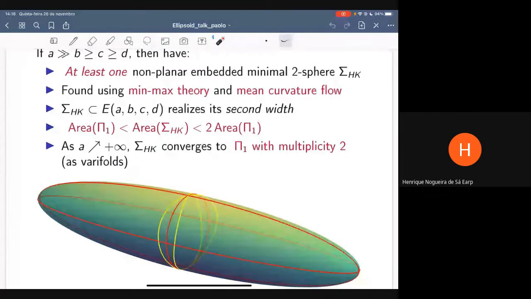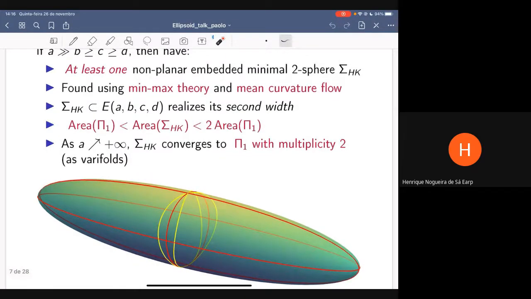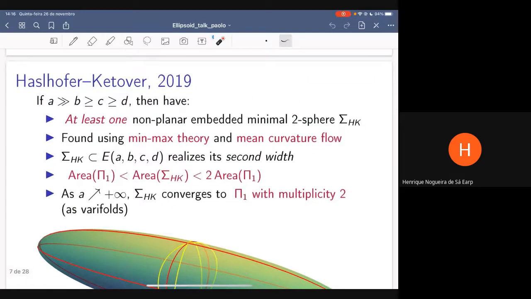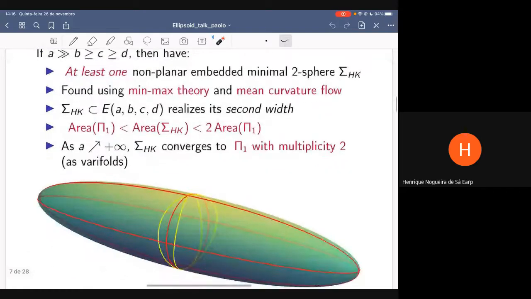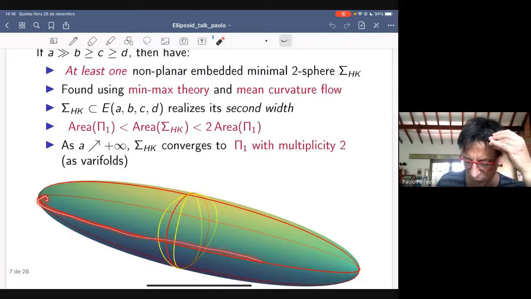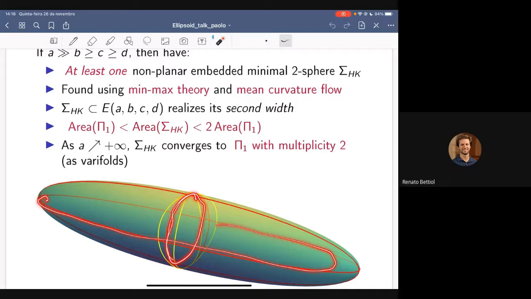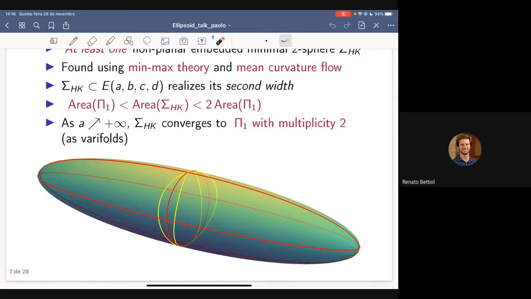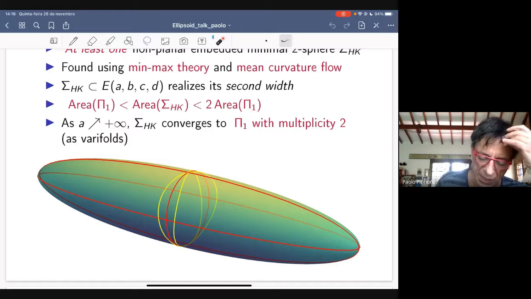Paolo, can I just, I think there may be a typo, because the extreme areas are here for the same sphere. They're both by 1. You probably mean... I'm sorry. This is one of them, and this is the other one. Okay. Sorry to interrupt, but it's not a typo. I think you just circled the wrong sphere. So it's actually between once and twice the area of the same pi 1. Pi 1 is the middle one. Oh, I'm sorry. The points are correct. Yeah. My confusion is in fact... Yeah, that's right.